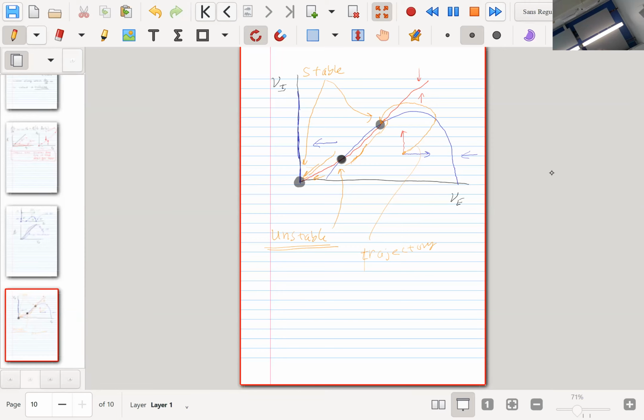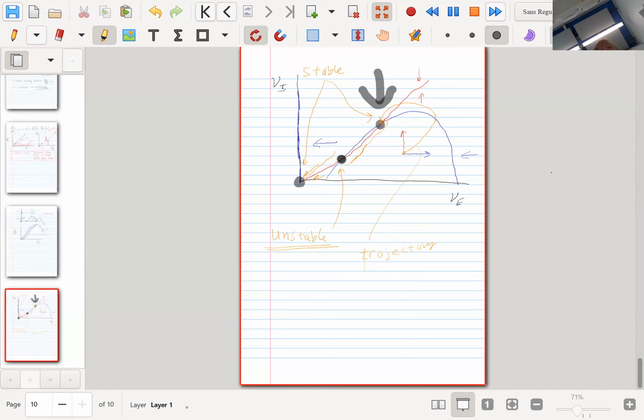Which is not what we see in the brain. If you stick an electrode in the brain anywhere, you'll see neurons are firing, a stable fixed point at a relatively high firing rate. The potentially interesting stable fixed point is this one, okay? That might be intermediate firing rate, but that's kind of high firing rate, right?